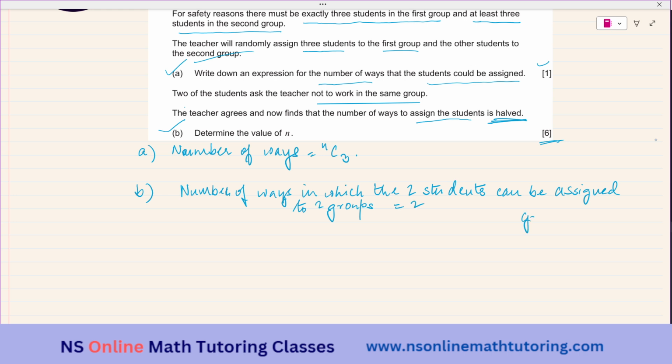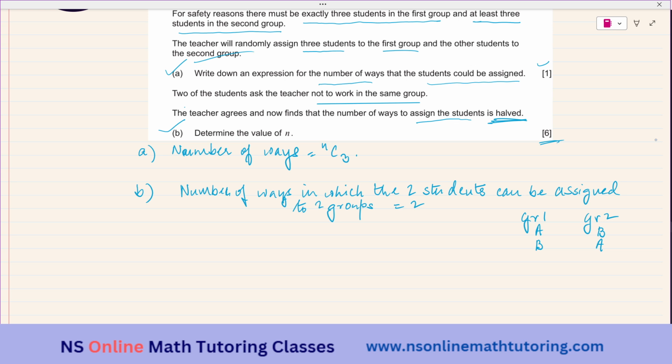Because if this is group 1 and this is group 2, and if the 2 students' names be A and B, so either A is placed in group 1 and B is placed in group 2, or B is placed in group 1 and A is placed in group 2. Okay, so there are 2 ways in which these 2 students can be assigned to 2 groups.